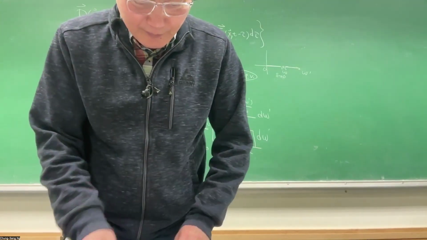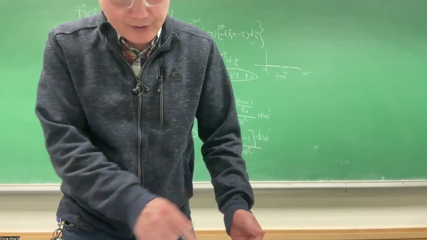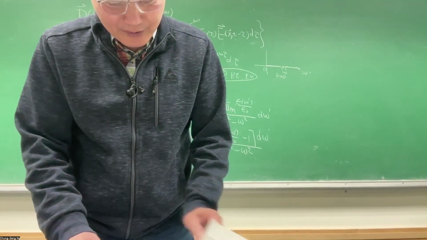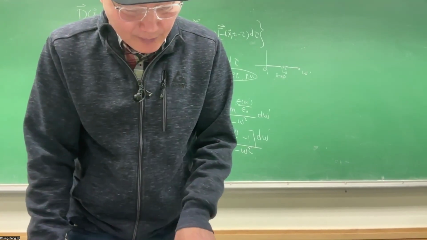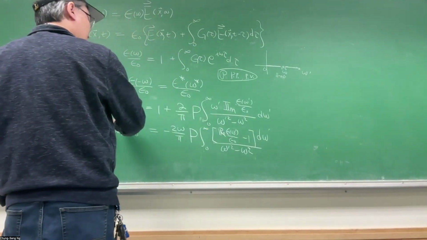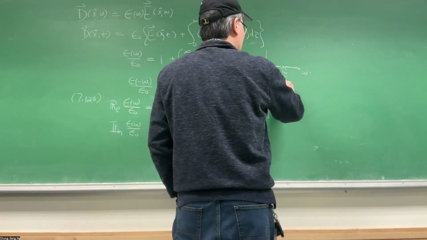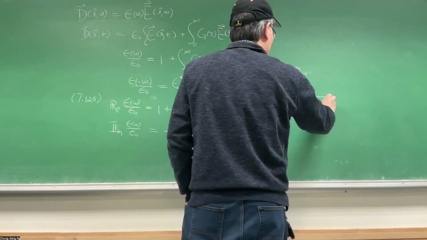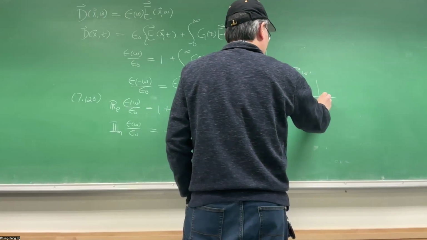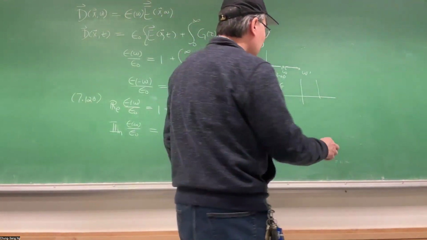Yeah, more mathematical consequences. The next section also talks about that, but that's even more math. So we'll have to skip 7-11 also. But a simple example we can immediately do using this integral is if you have an imaginary part of epsilon that has exactly a spectral line, or absorption, at a particular frequency, and this frequency is omega sub zero.